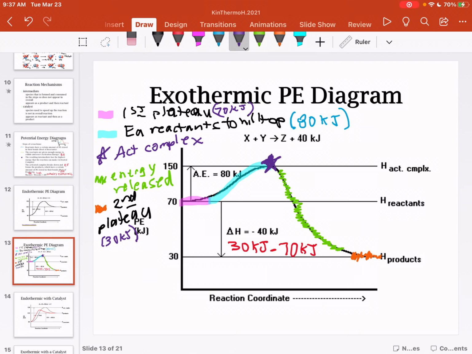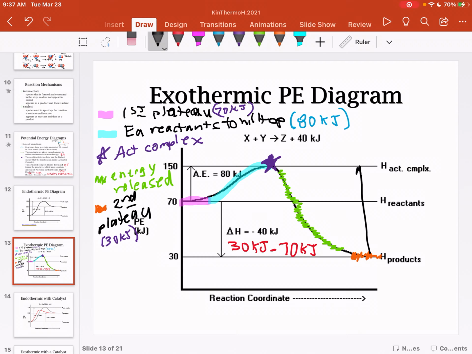We can also read this reaction in reverse. If I had to read this reaction in reverse, the orange would be my reactants, and the pink would be my products. And my activation energy would still be from reactants to the top of the hill.